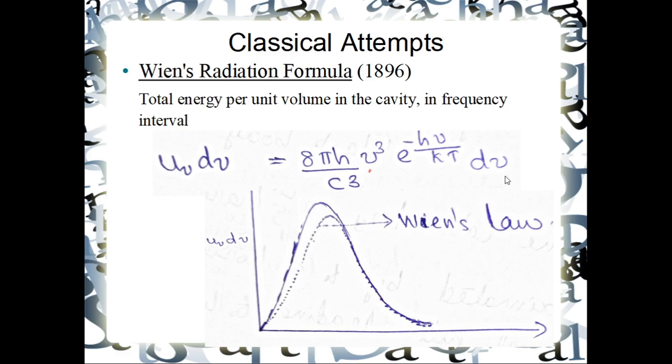Experimentally, we can sample blackbody radiation by inspecting what emerges from the hole in the cavity. If we plot the experimental curve, it will look like this, and the plot obtained by Wien's law is shown by this dotted line, and we can see that Wien's law matches with the experimental curve only for the high frequency region.